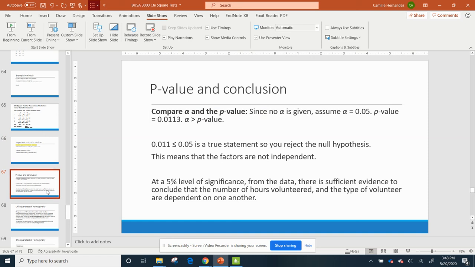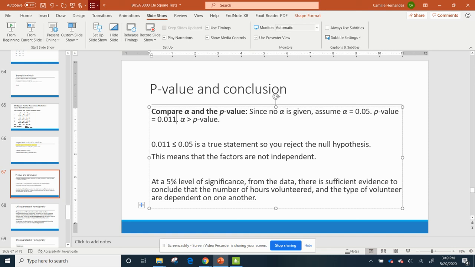P-value and conclusion. Since no alpha was given, I'm going to assume 0.05 is my level of significance. So my p-value is 0.011. Okay, so 0.011 is less than or equal to 0.05. Remember, if you get confused, add an extra 0. It doesn't hurt it.